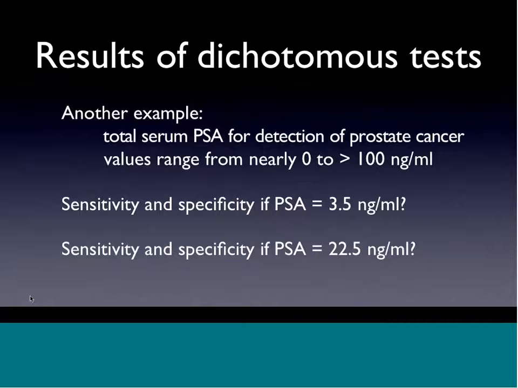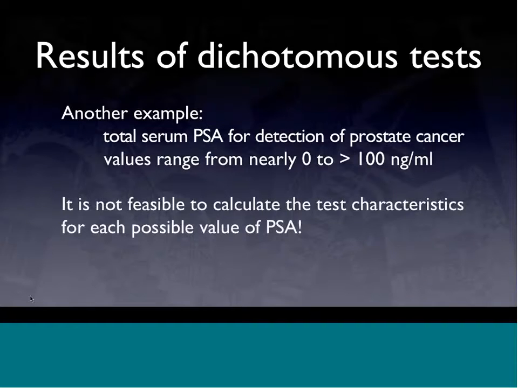And then 5 minutes later, another patient may ask, what's the sensitivity and specificity of my PSA, which was 22.5? You can see that those numbers are different, and it's not feasible to calculate the test characteristics for each possible value of PSA. We're going to have 3.5, 3.6, 3.7, and so on.